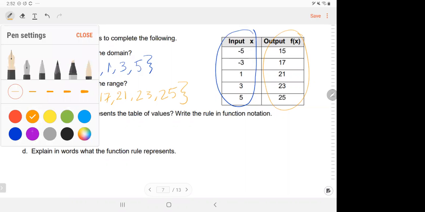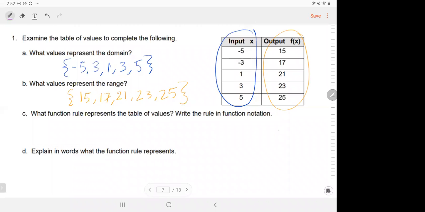So if I'm going to write this rule in function notation, we first have to figure out what the rule is. So I'm just going to look, how do I get from the input to the output? What do I have to do to the input? And if I want to get from -5 to 15, I could add 20. Let's see if it works for the rest of the values though.